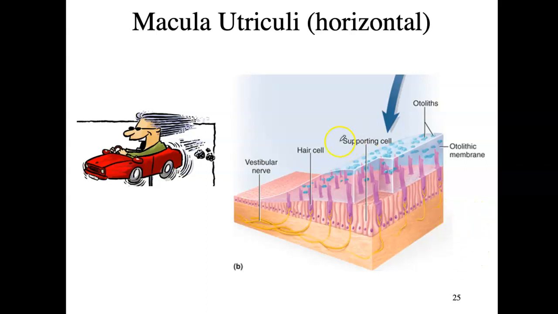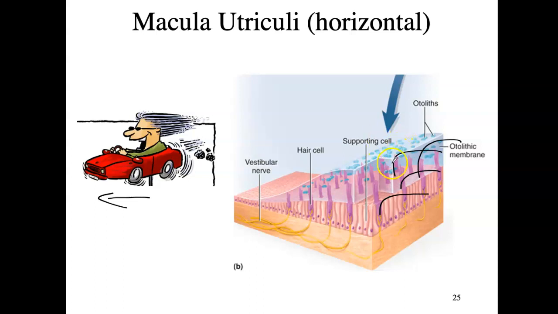So this utricle, or macula utriculi, in a better picture has the platform that I told you with a vestibular nerve. And then look at these. So these purple ones are all neurons sitting there upright, and in the event of you taking off in the car that way, what's going to happen is that these little guys are all going to bend over that way because they're going to be left behind. In order for this to work well, they need a little bit of pressure. They can't be just these little neurons standing up and down.